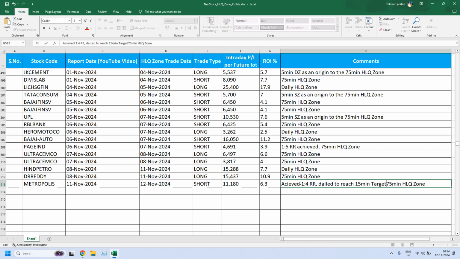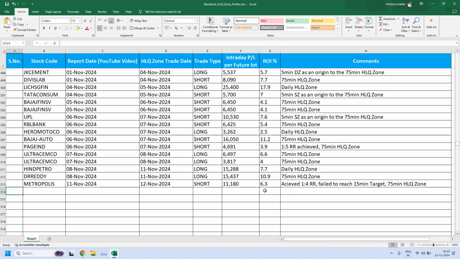These are the things we have to observe from this trade. Then only it is appropriate to consider.